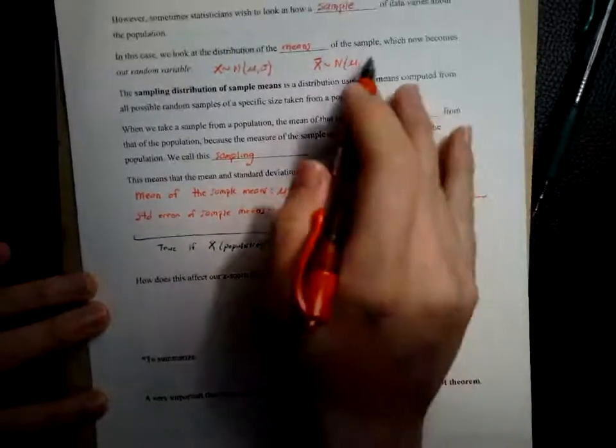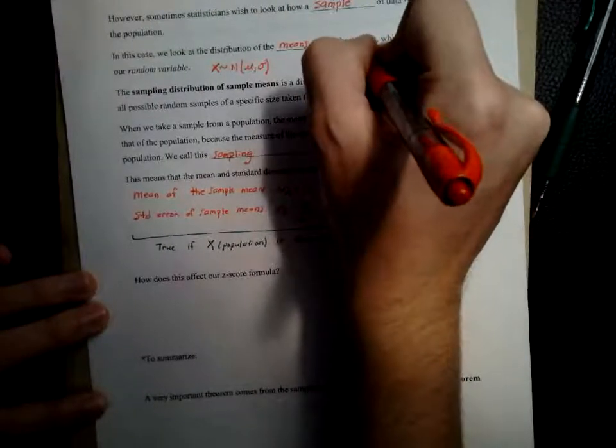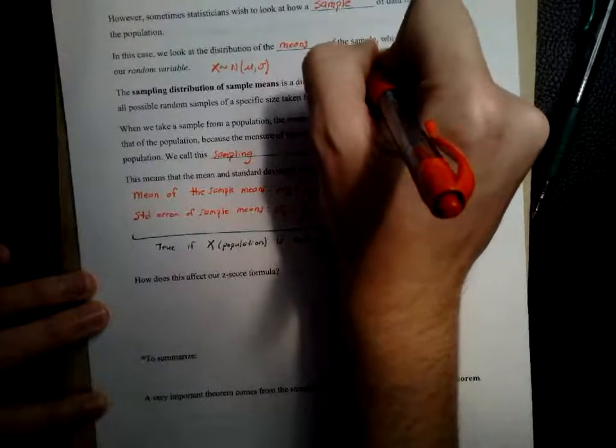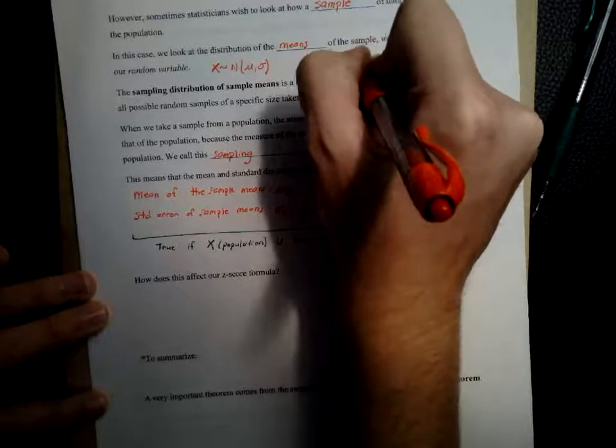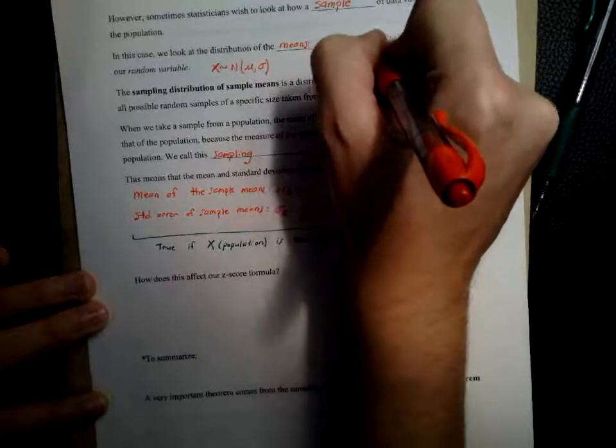So in this part, the standard deviation, instead of sigma, will be sigma over the square root of n.